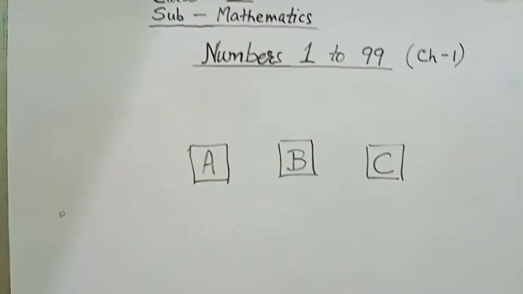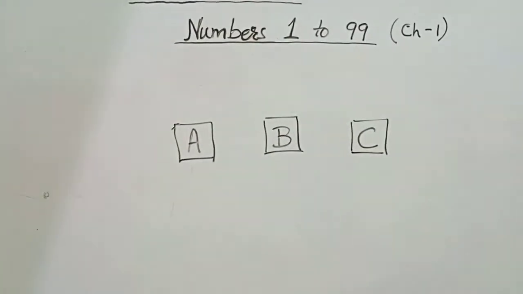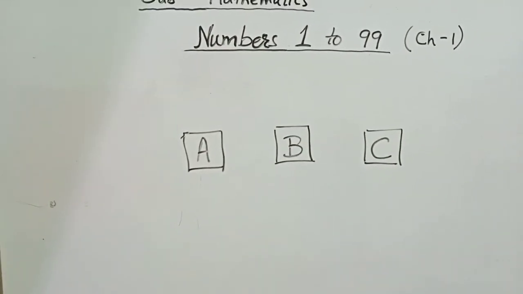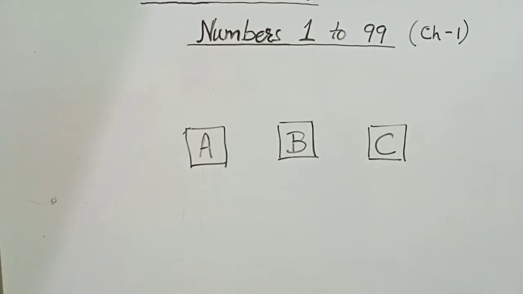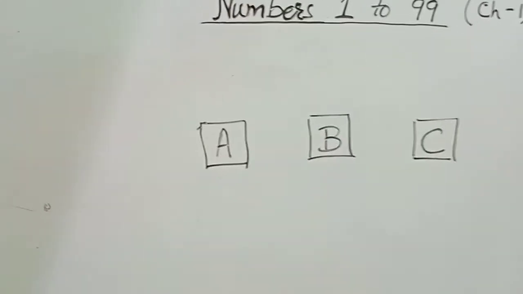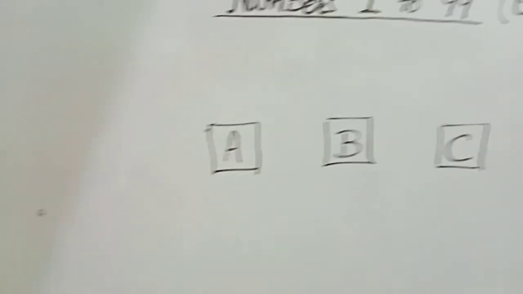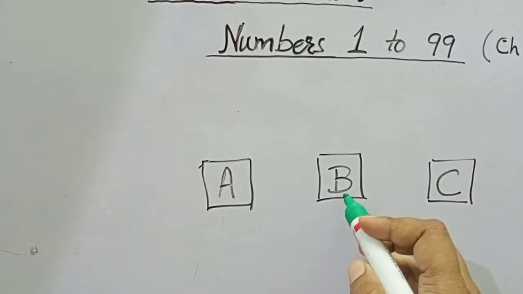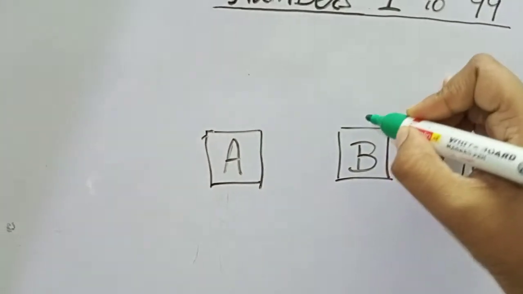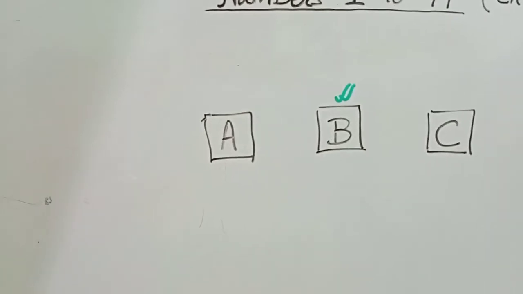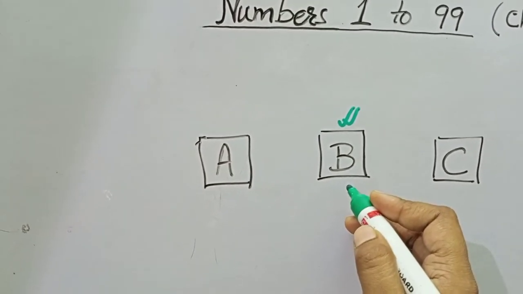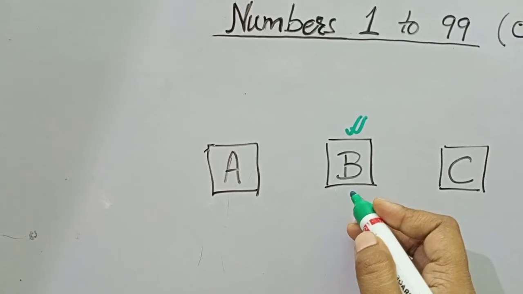Now children, to understand the concept of before, after and between, these things you know and you have been doing for all your classes till now. That's why I am brushing up a little fast. Now suppose there are 3 persons: person A, person B and person C. If I take person B, who is standing before person B?